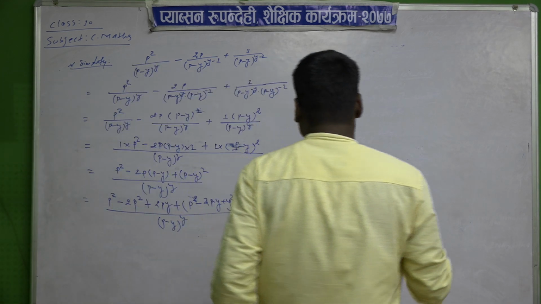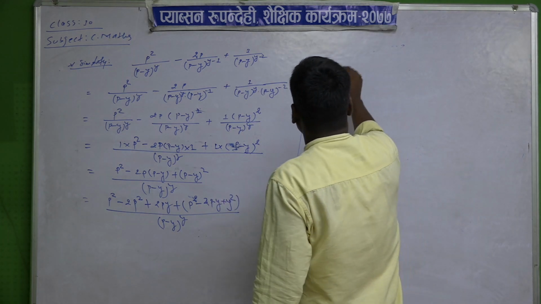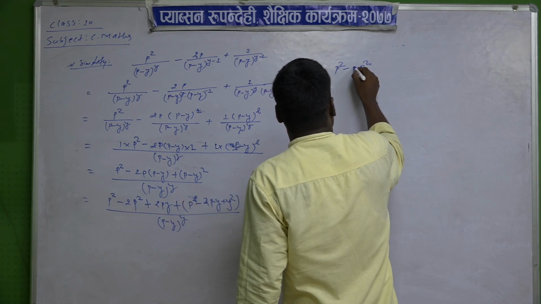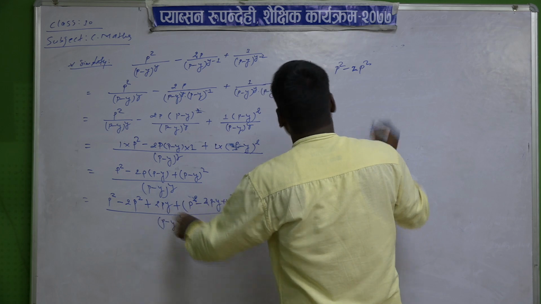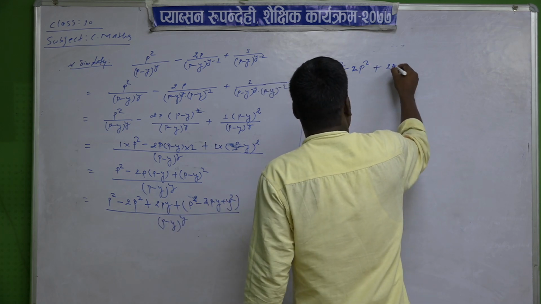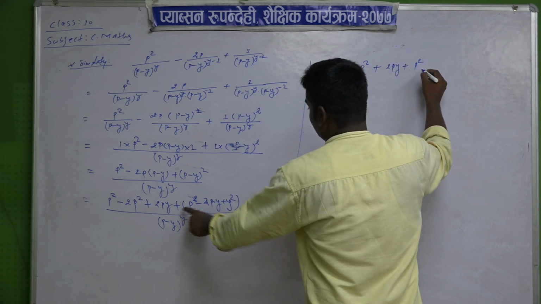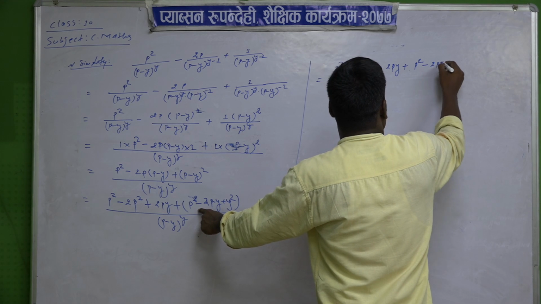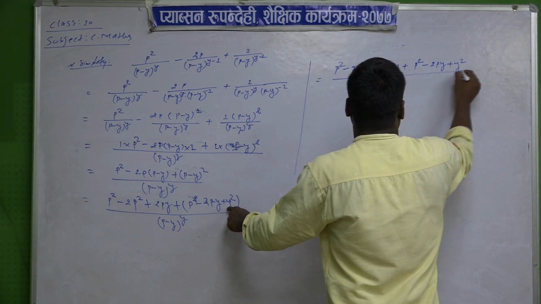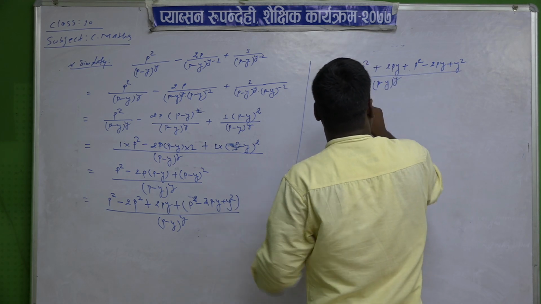Then after see there, p² minus 2p² plus 2py plus into plus plus into minus plus into plus, upon (p − y) whole power y.